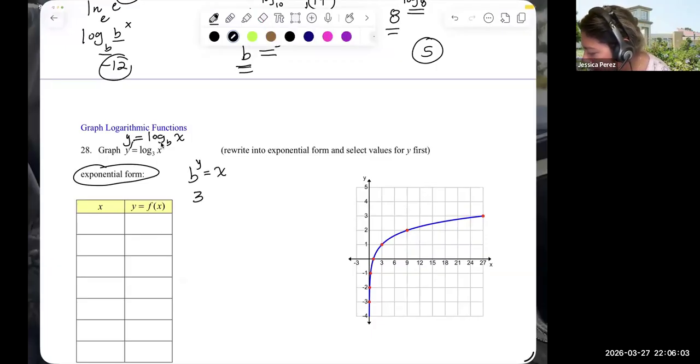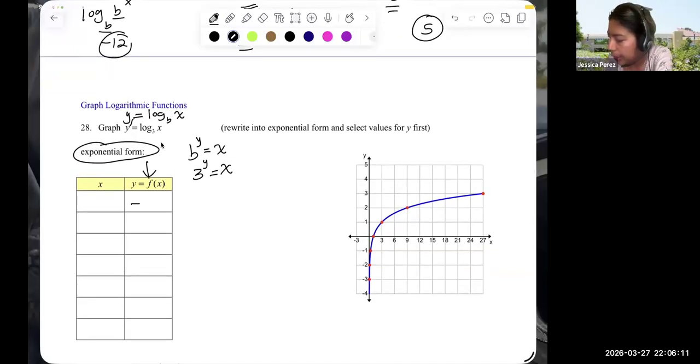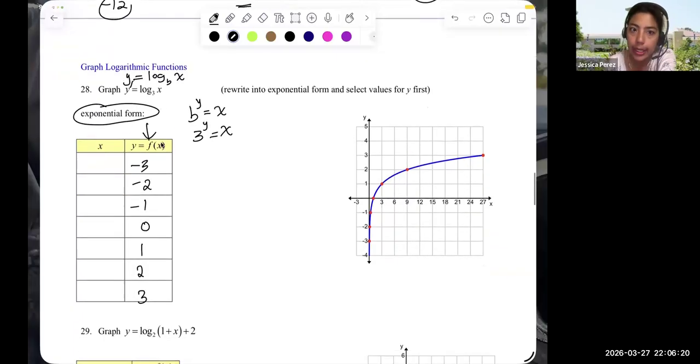So the base is 3. We have x is equal to 3 to the y. Now, that means that our independent variable will be y. So then we start with plugging in -3, -2, -1, 0, 1, 2, and 3 for the y value, not the x.